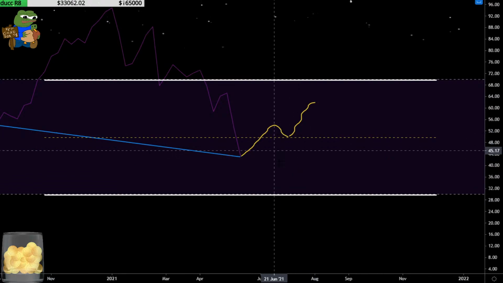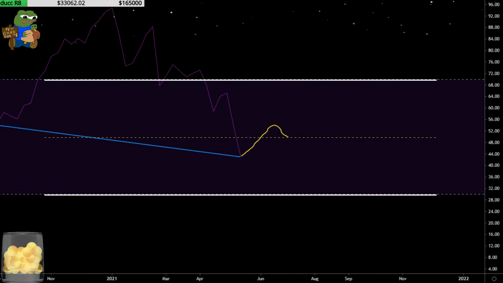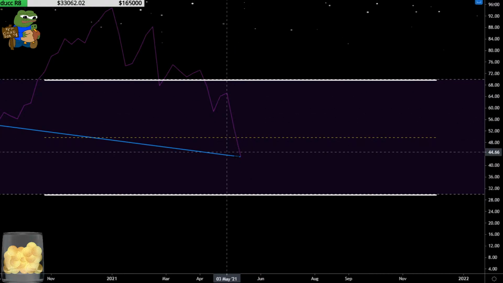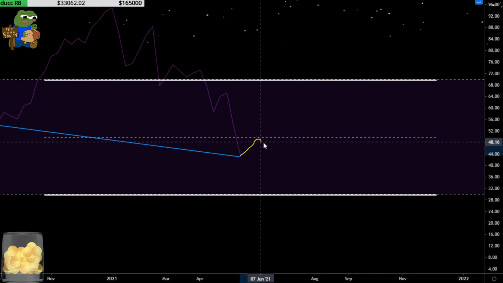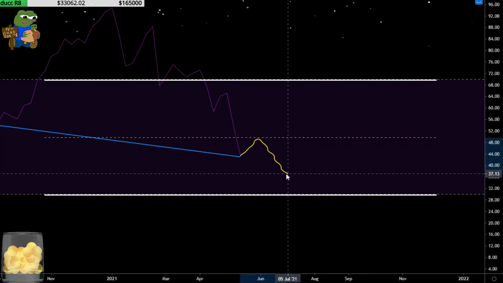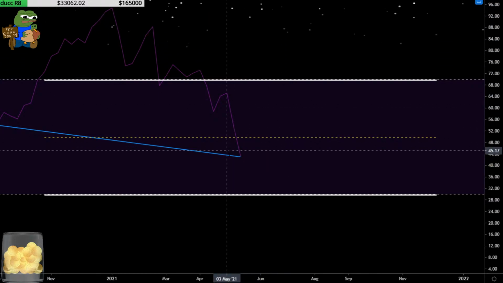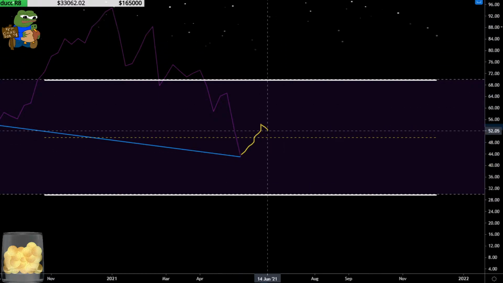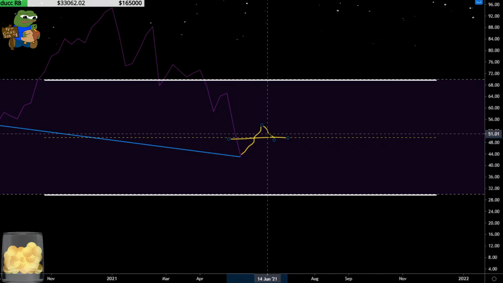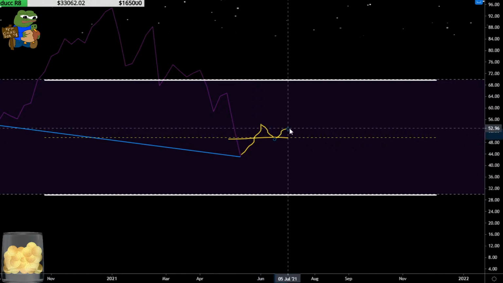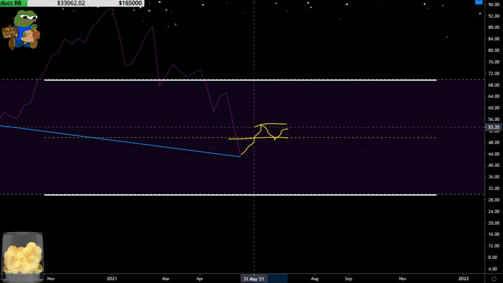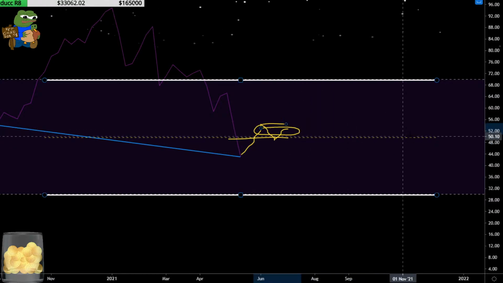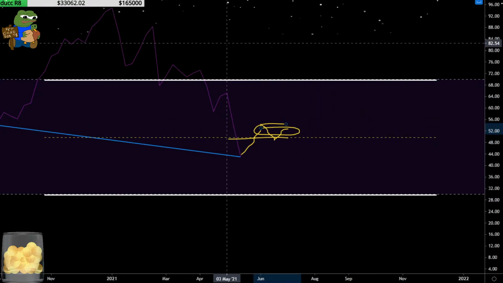If you fail at this area, right? If you just barely putter up and you fail again, that's definitely not what you want to see. So you definitely need to get back above this neutral zone on the RSI, this 50 area, and then just start developing something above the neutral zone, okay?